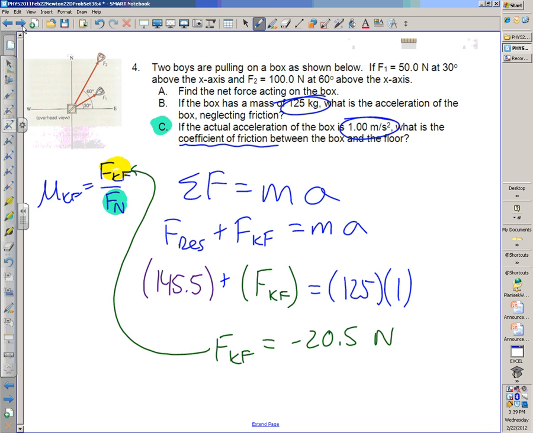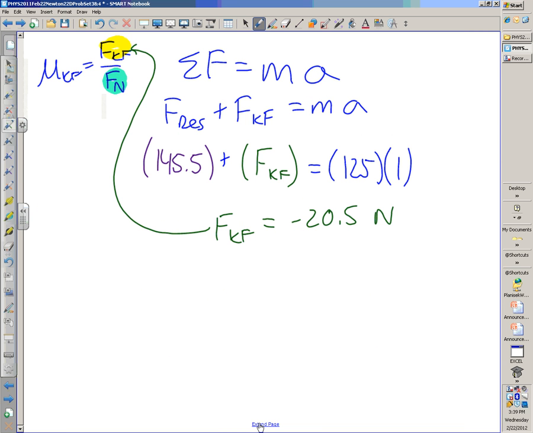So if we take it here, that means that the coefficient of friction is going to be equal to 20.5. Remember, in coefficient of friction, the direction doesn't matter, so we don't have to worry about that. Divided by 125 times 9.81, which I will punch through here pretty quick.